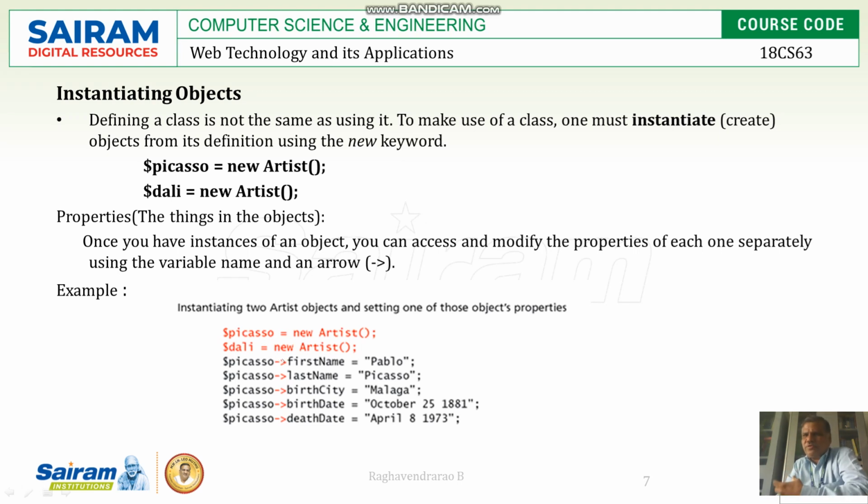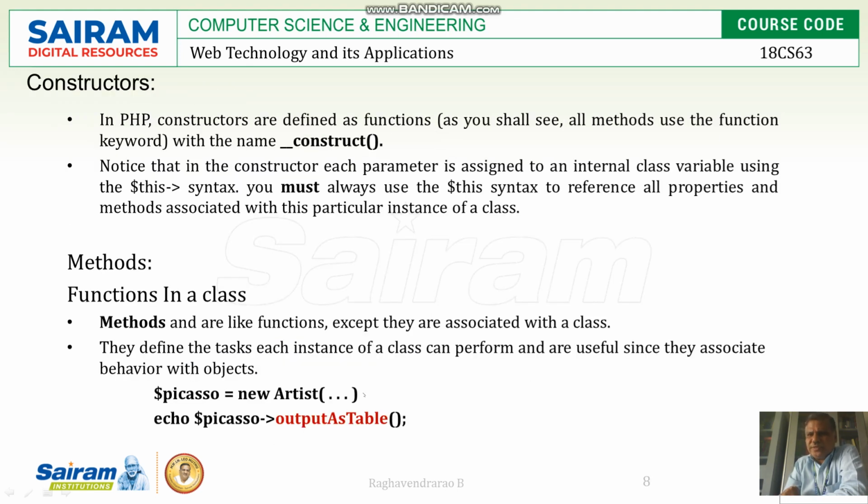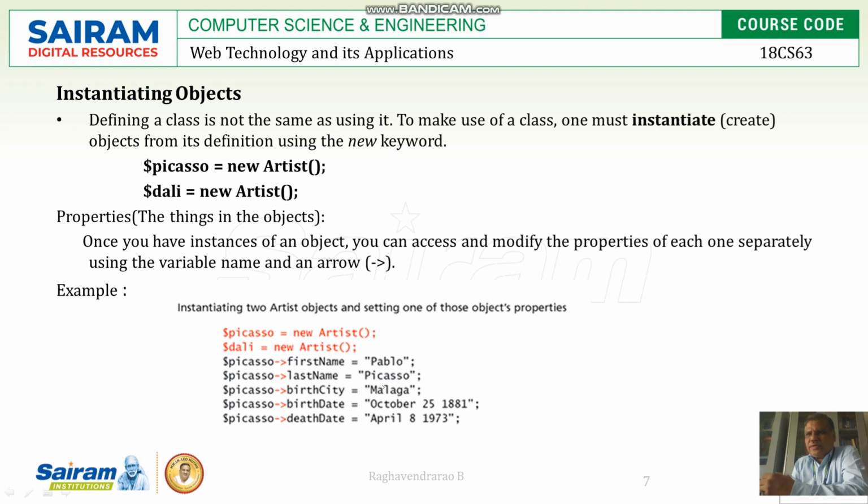For Picasso, you are going to fetch that data, first name, last name, all these things you can specify and you can access. And always you can see that there is not much difference between your C++ class and objects and Java objects, because all these things end with the semicolon.